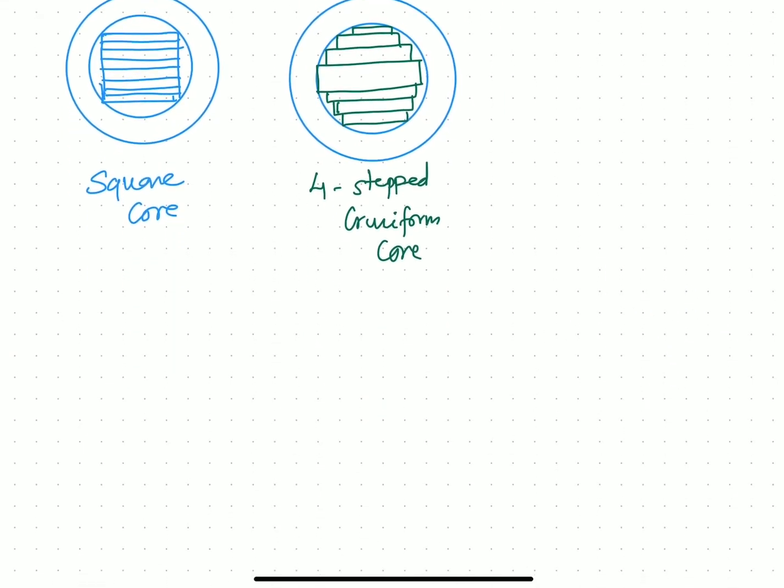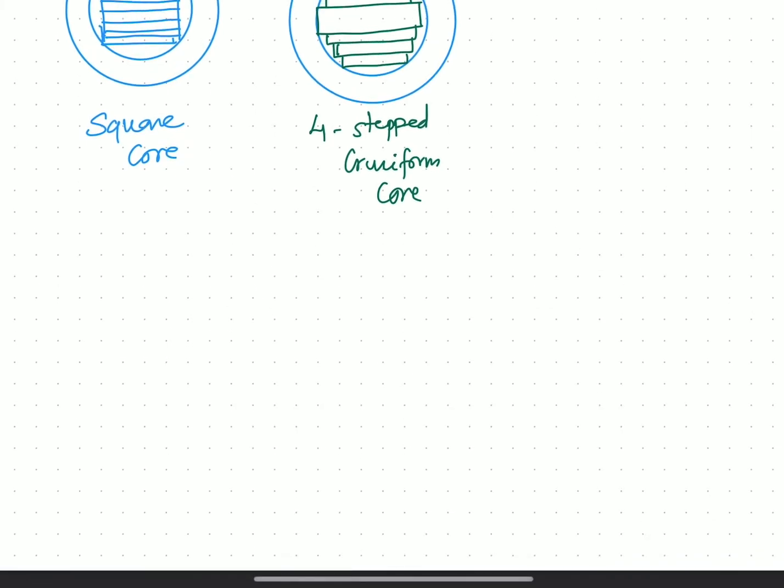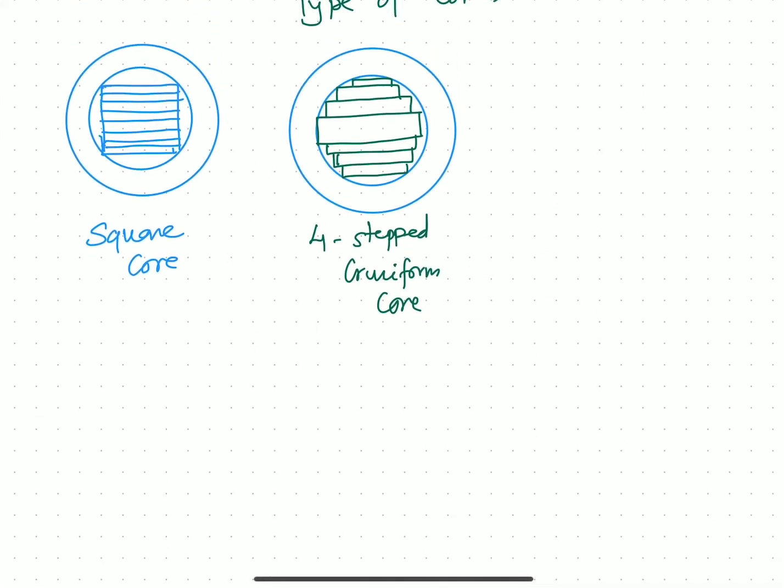Okay, so moving ahead, we talk about this circle, this imaginary circle around this core. This circle is not actually present there, but you can think of it as an imaginary circle.